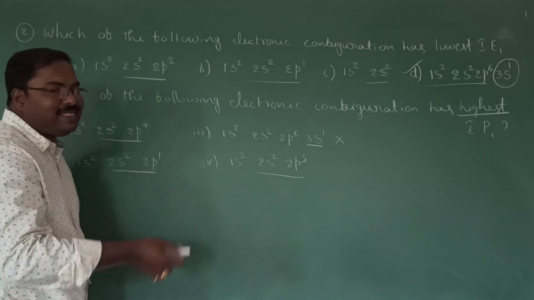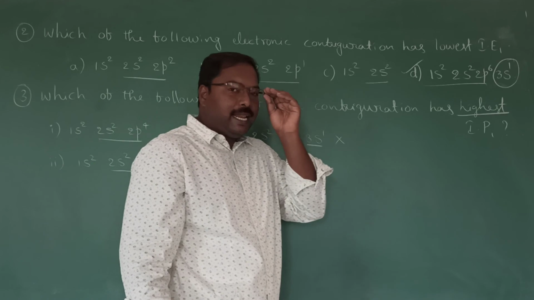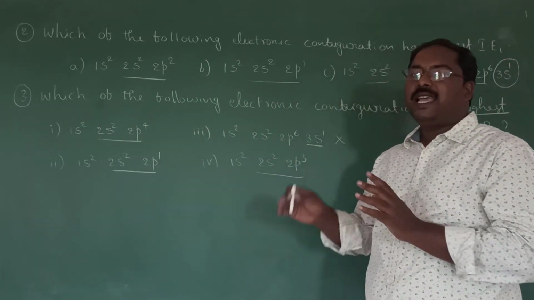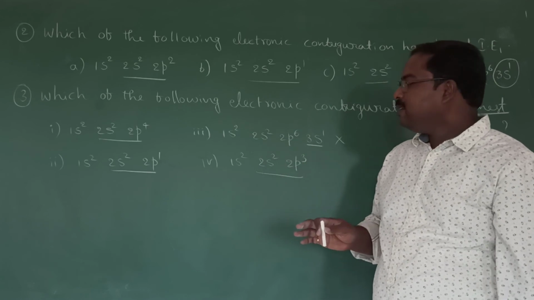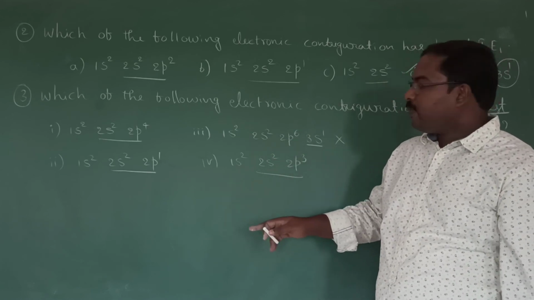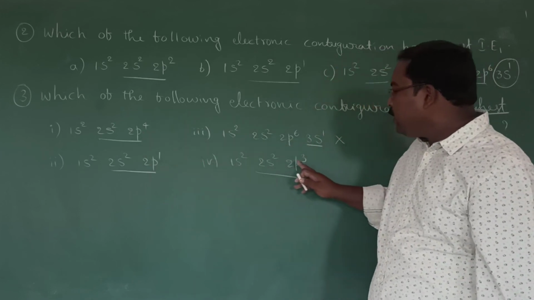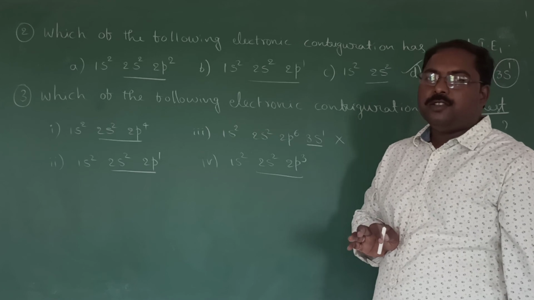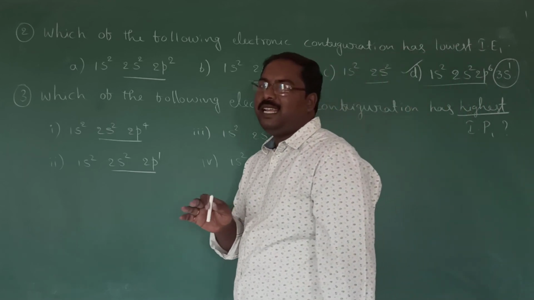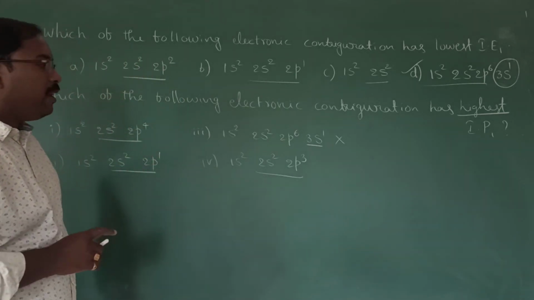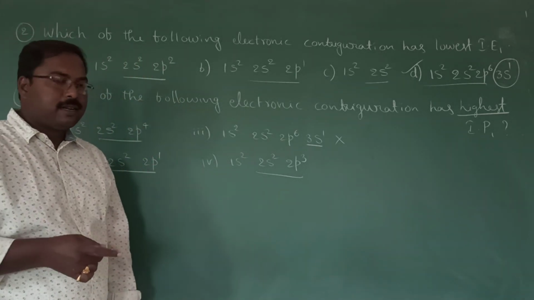In all the remaining three options, we are removing the electron from the second orbit only. So the same logic doesn't work here. Then focus on where we are removing from. In all the three cases, we are removing the electron from the p orbital only. So penetration effect and shielding effect will do nothing. Then, on what basis should we answer?